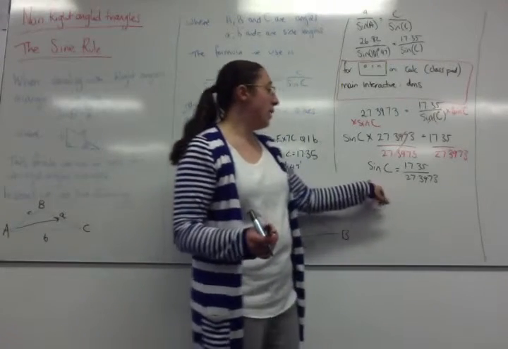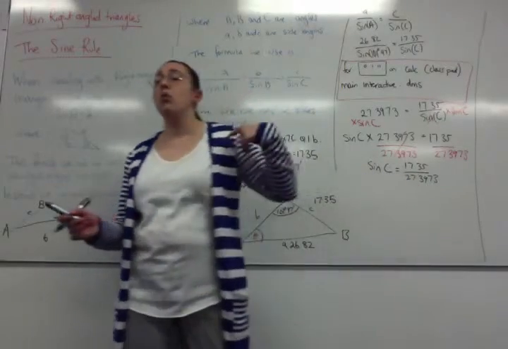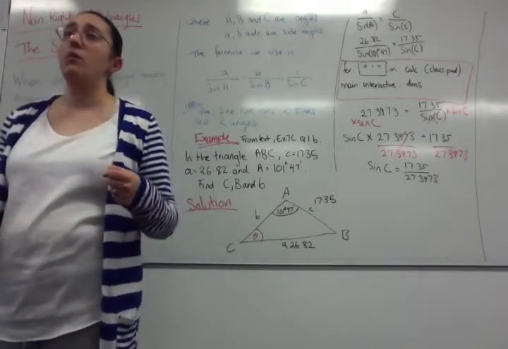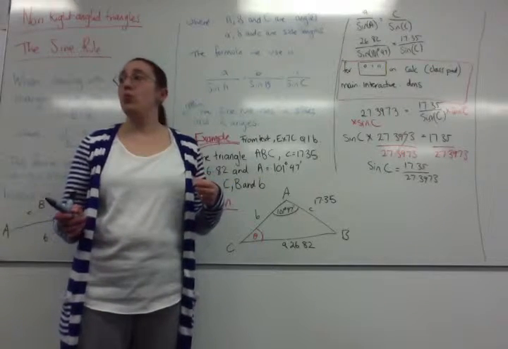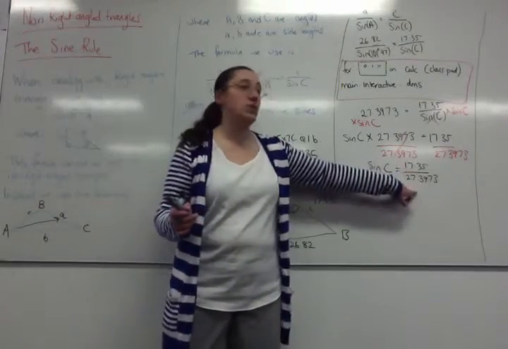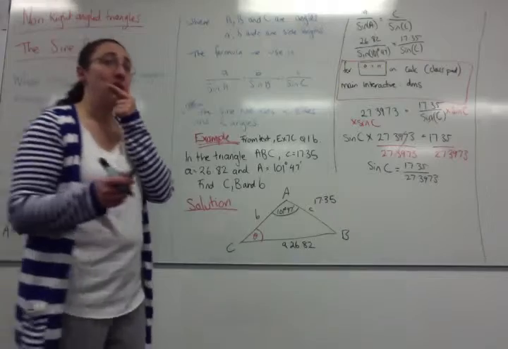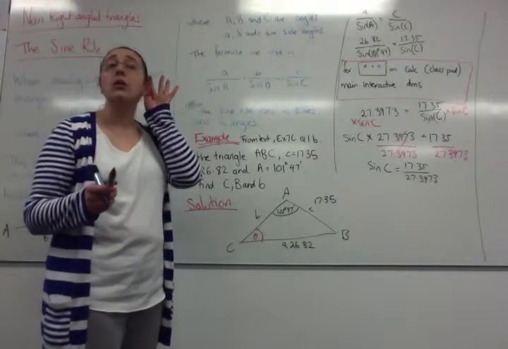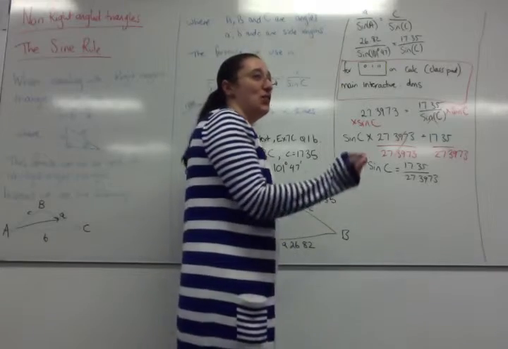So then, now I have sine C is equal to this beautiful fraction here with decimals in it. What do I do to get that C by itself now? Not division. No, we don't have to work this out yet. We can do this in a minute. What do we need to do? Inverse sine?